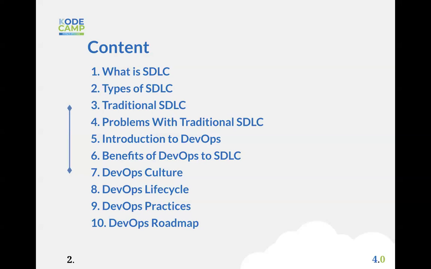We will look at the DevOps lifecycle, then various DevOps practices in theory. And then we'll go into the DevOps roadmap, which will basically be the steps and the various things you need to learn in order to perform efficiently as a DevOps engineer.